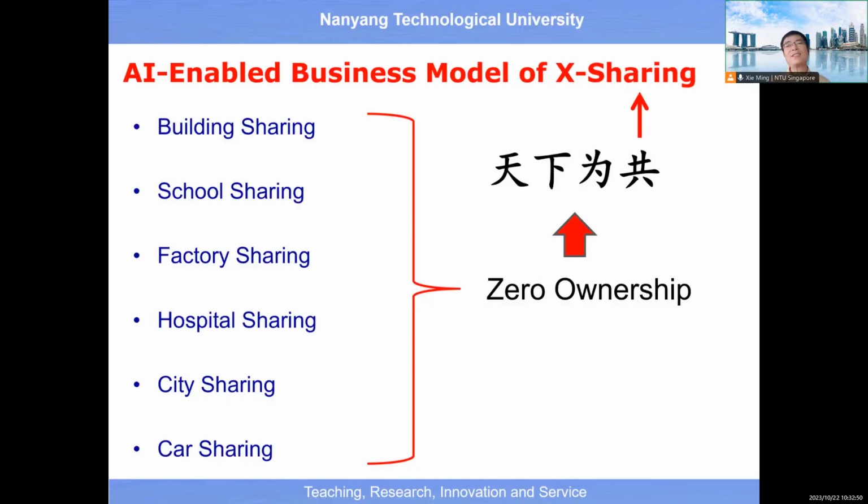This should be the extra benefit of learning artificial intelligence: you understand that AI will enable us to widen the scope of deployment of the sharing business model.